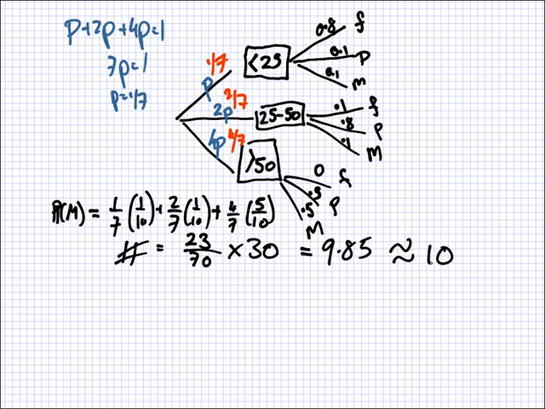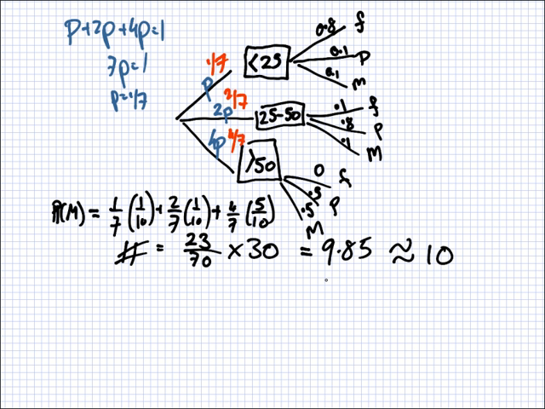So which is more likely, that 9 people will or that 10 people will? 10 people would be more likely, because you're closer to 10 to begin with. So if somebody said to you, make your best estimate for how many people will get a merit, I would pick 10. I mean, think about it. It's not even going to be 9.5 anyways, because these are probabilities. So maybe one day it turns out to be 6, and the other day it turns out to be 12. You're saying on average it's 9.85. So our best guess is 10.